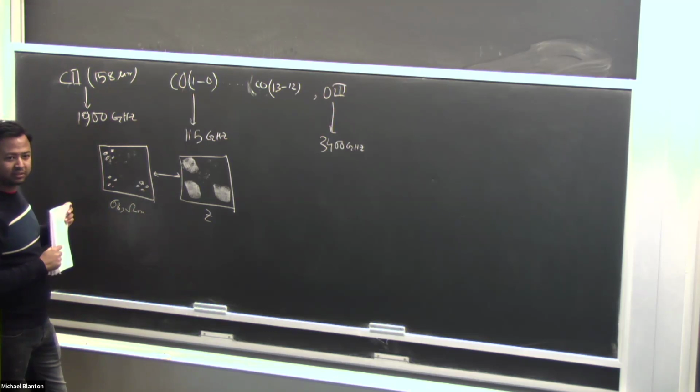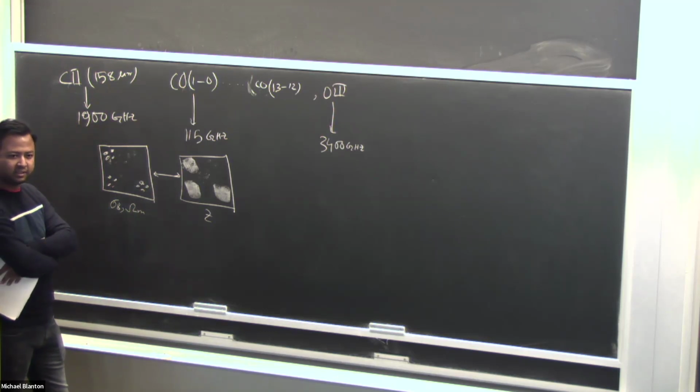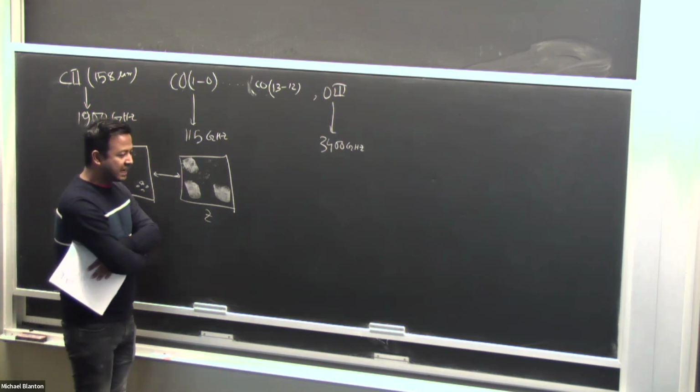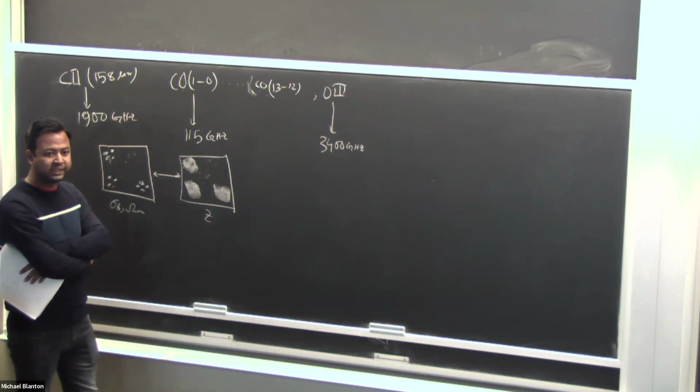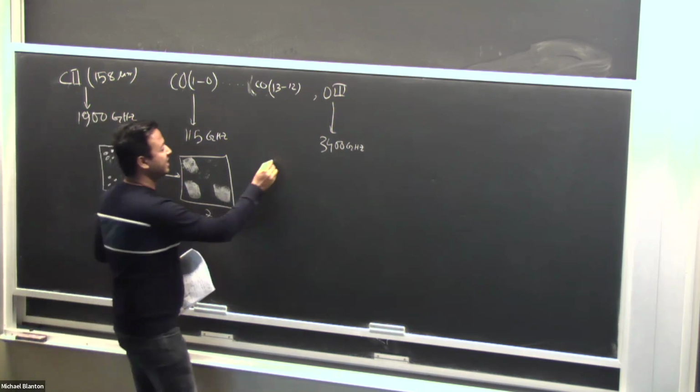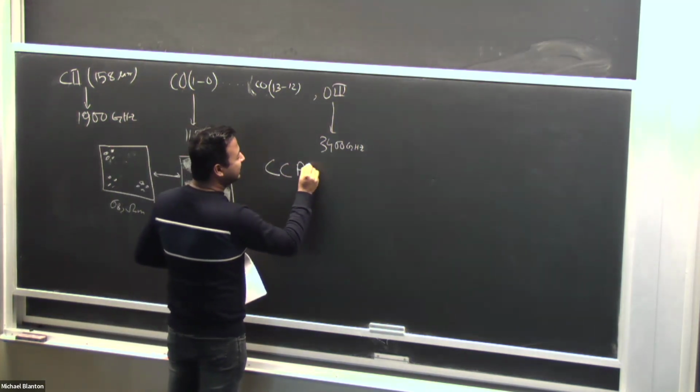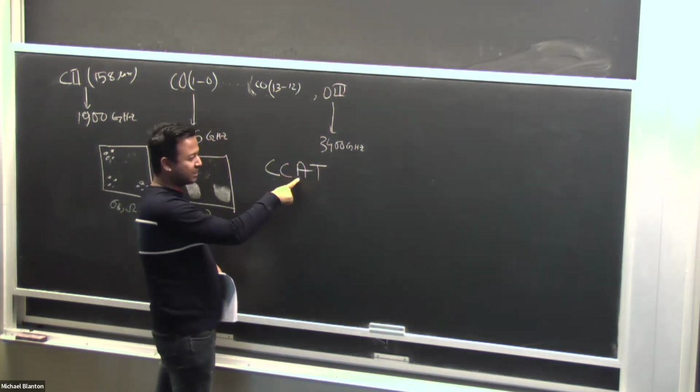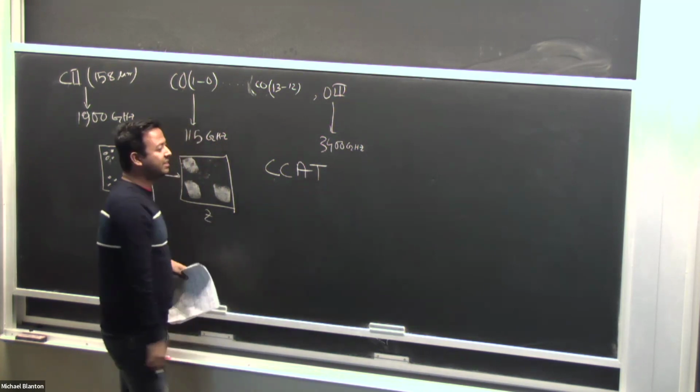So, could you give us an idea, given the present line intensity mapping experiments, what's the angular resolution? So I am involved with the CCAT Prime Telescope. It is called the Cerro Chajnantor Atacama Telescope. It's near ALMA.